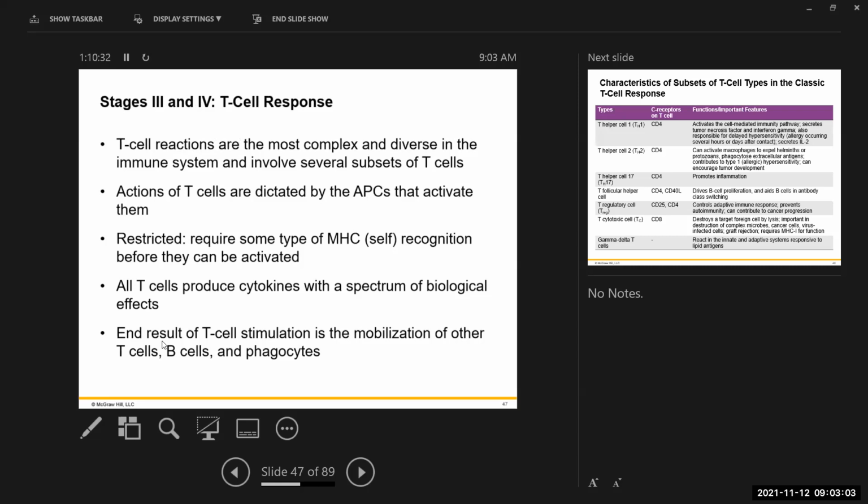Interleukin 2 is going to act as a T cell activation signal. By making interleukin 2, it causes itself to divide and to expand.